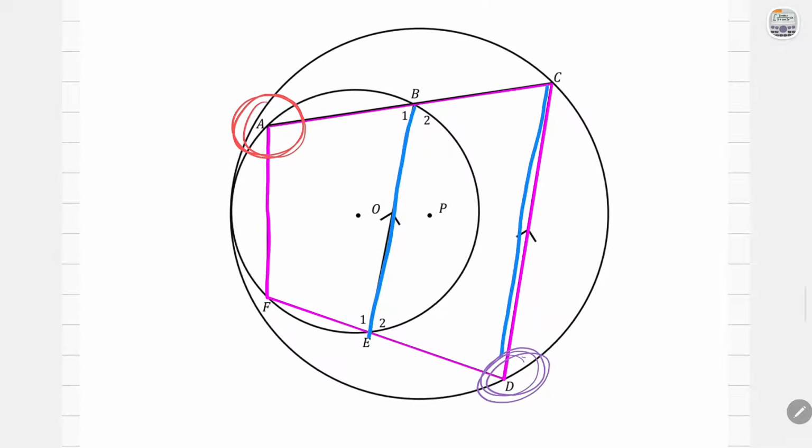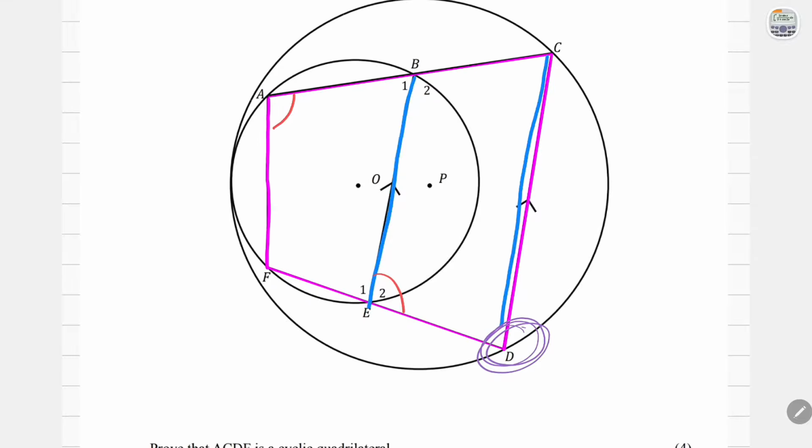Do you see that in this cyclic quad, in the smaller circle, A, B, E, and F, we have a quad there. And this quad has an exterior angle, E2. So angle E2 is equal to angle A. Okay, so we have moved from angle A, and we are now at angle E2. And then from this point, how can we eventually get to here?